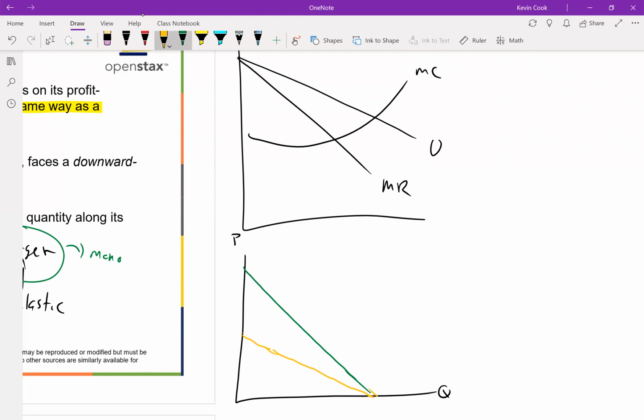And again, this is a flatter curve. It's more elastic. So we say that our gold curve is more elastic than our green curve.